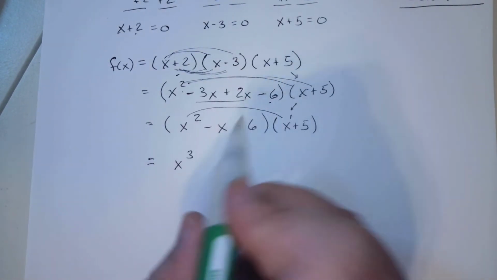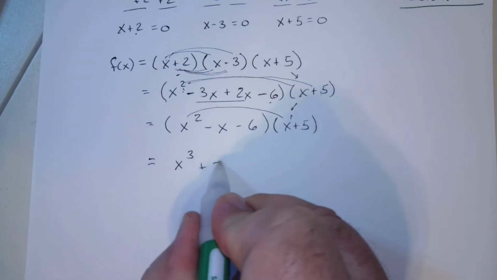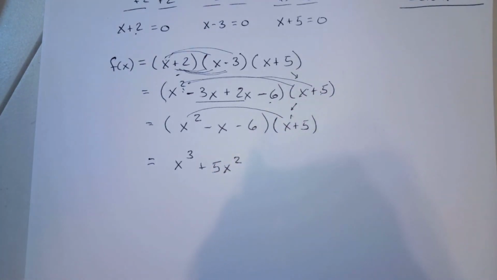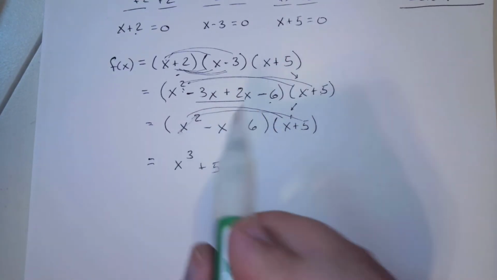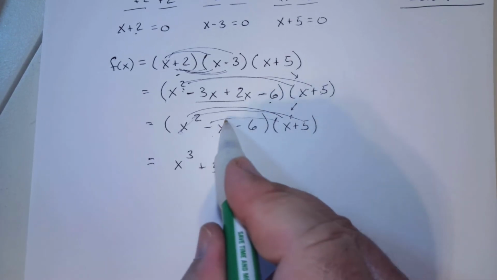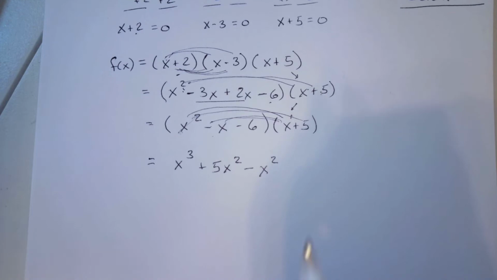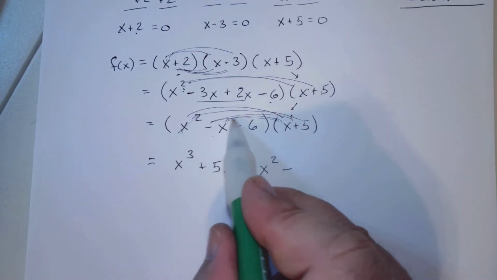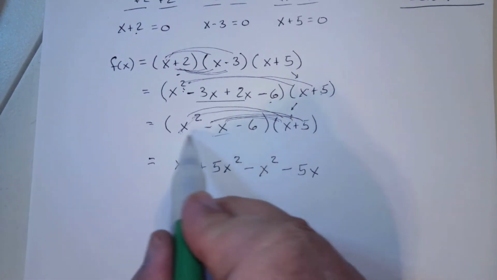Positive times positive is positive, x squared times 5 is 5x squared. So that does it for the first term. Now the next one. Negative times positive is negative, x times x is x squared. Negative times positive is negative, x times 5 is 5x. So that does it for that one.